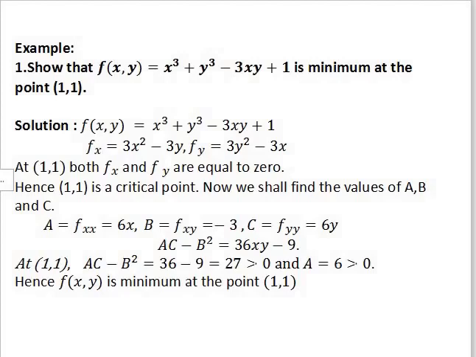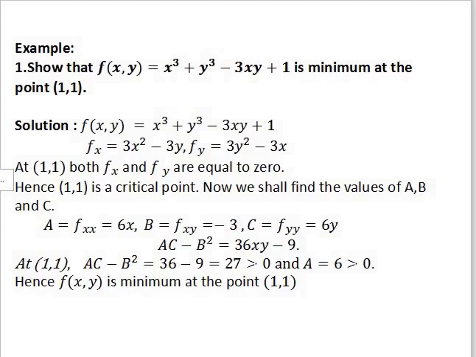Differentiate fx partially with respect to y, that is minus 3. C is equal to fyy means differentiate fy partially with respect to y, that is 3y square. Derivative of 3y square is 6y, and 3x is constant 0.